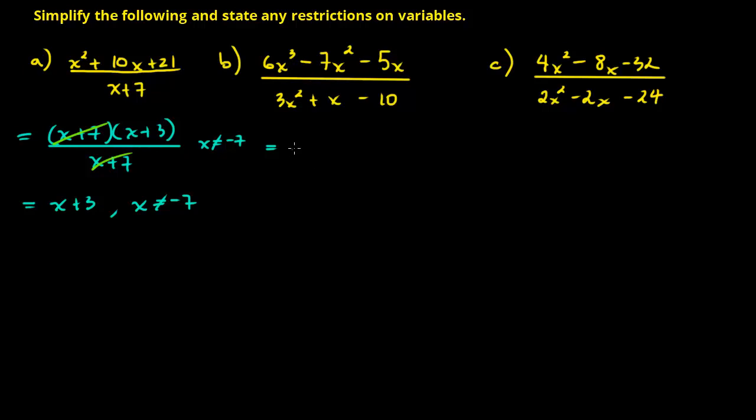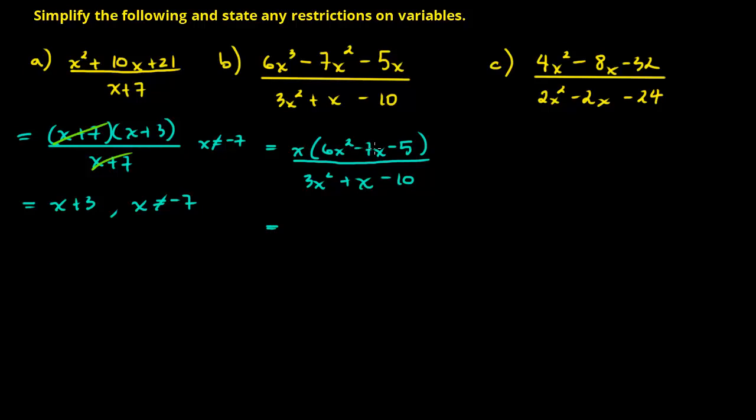So first off, factor out x. Now I'd have 6x squared minus 7x minus 5. So let's write that down. 6x squared minus 7x minus 5 divided by 3x squared plus x minus 10.